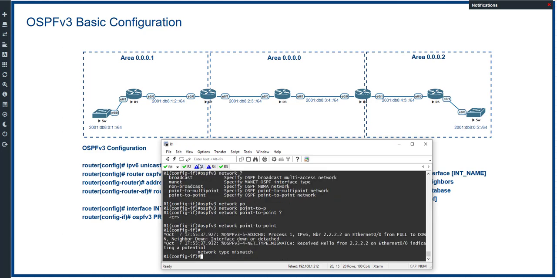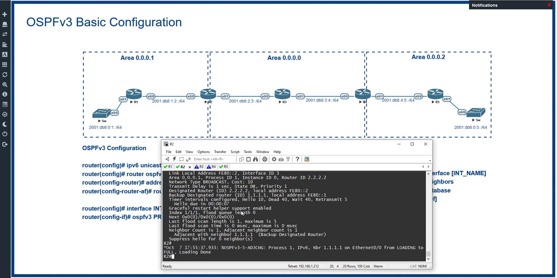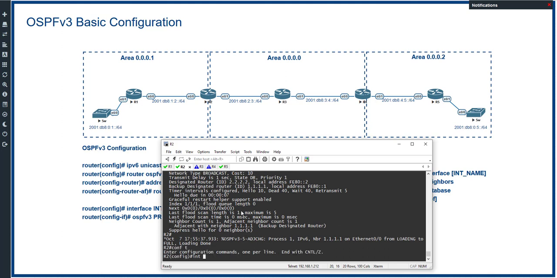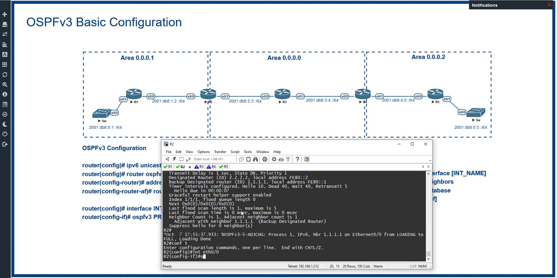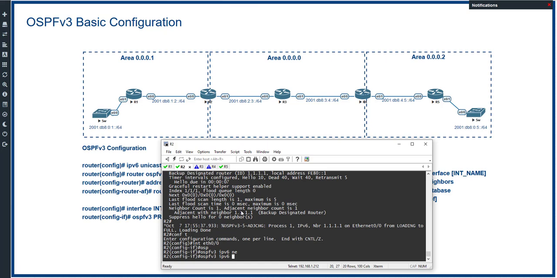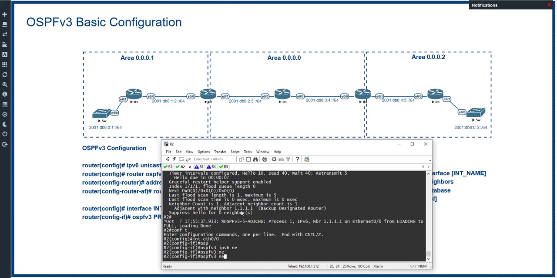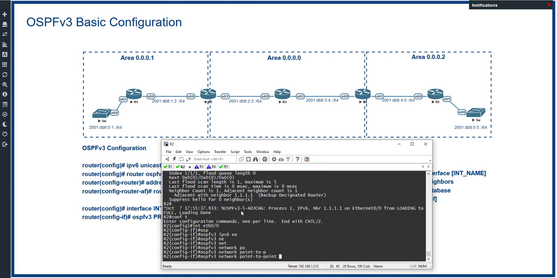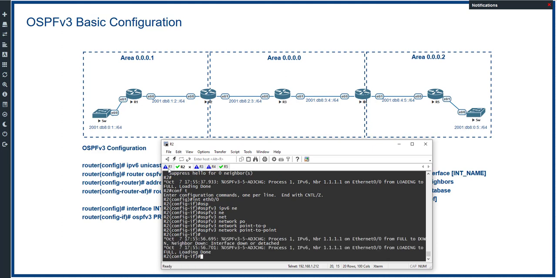Also in router 2, let me configure the same network type: interface ETH00, OSPFv3 network, not IPv6, and after that point-to-point. That's it. Now we have neighborship without any DR and BDR.